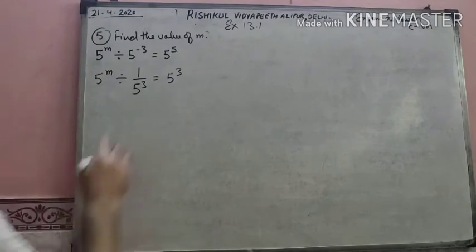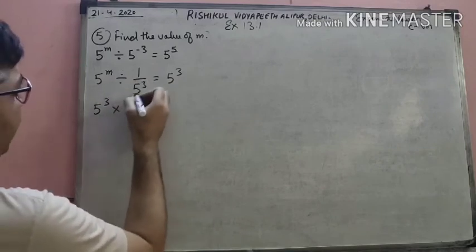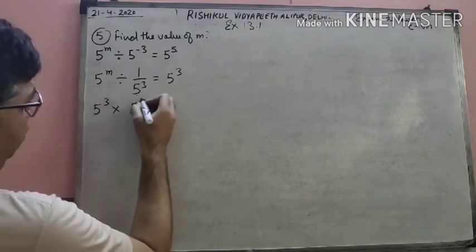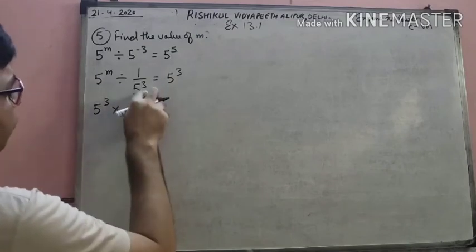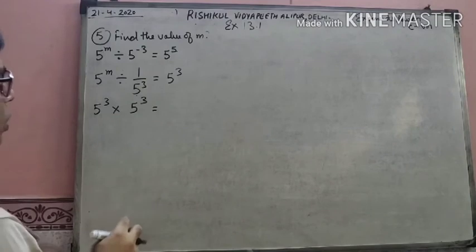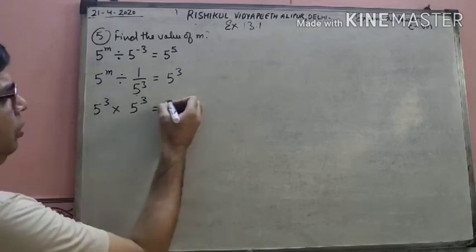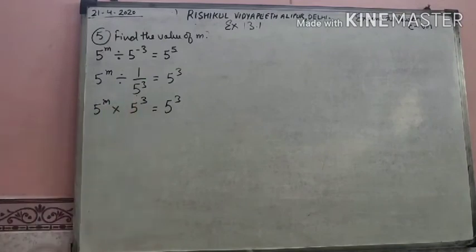Now the division becomes multiplication, and we take the reciprocal. The reciprocal of 1 upon 5 raised to power 3 is 5 raised to power 3. Here we have to write m.